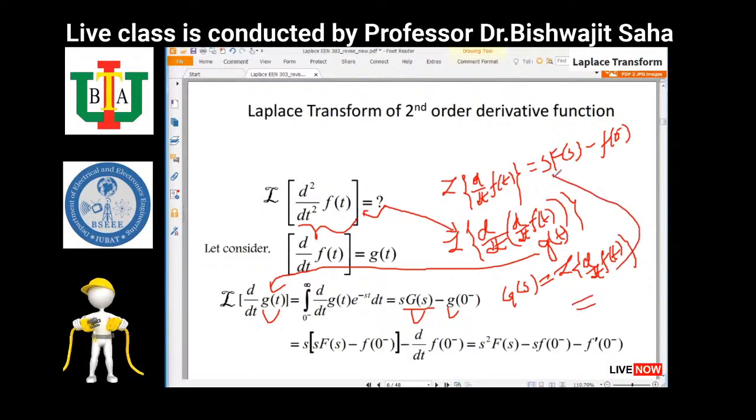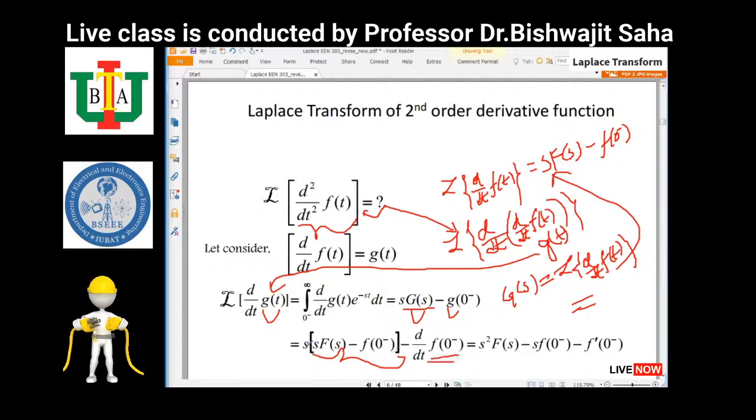I'm not writing it again since it is written above in the two lines. So we have replaced this G of s by this term. And what is small g of 0 minus? Small g is the d by dt small f. This is the thing.